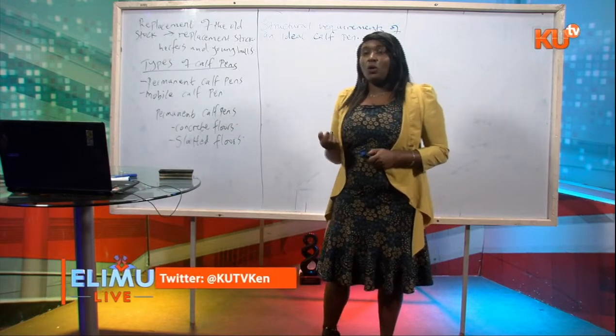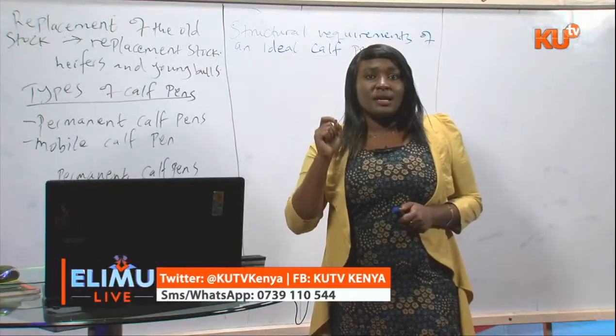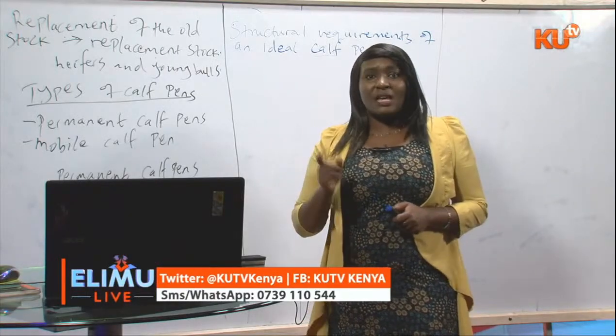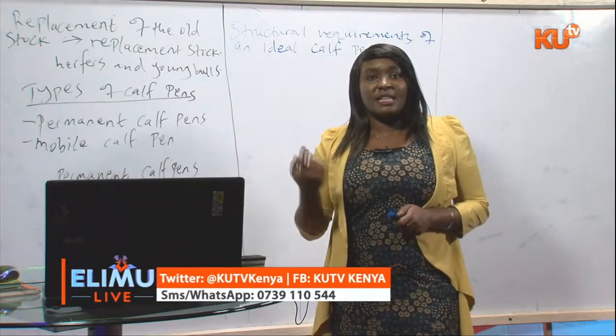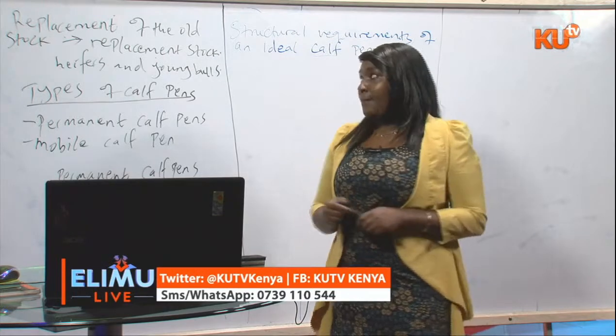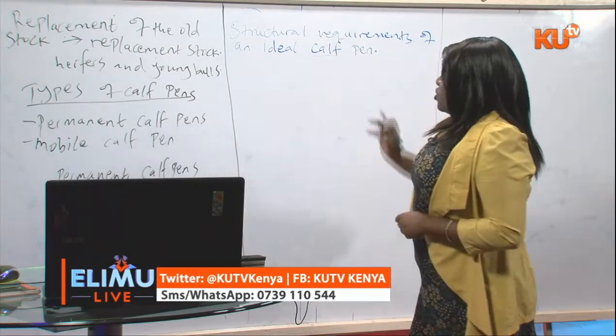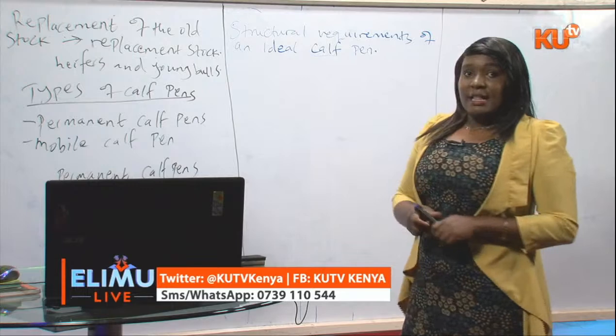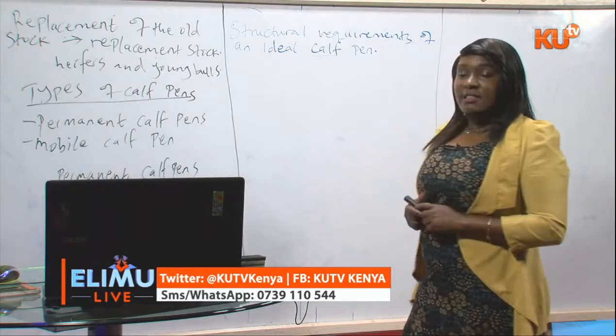That is the ultimate goal of a farmer, to reach service age so that they can be served and start reproducing early enough or at the right time. So, structural requirements of an ideal calf pen that will boost production in the farm.